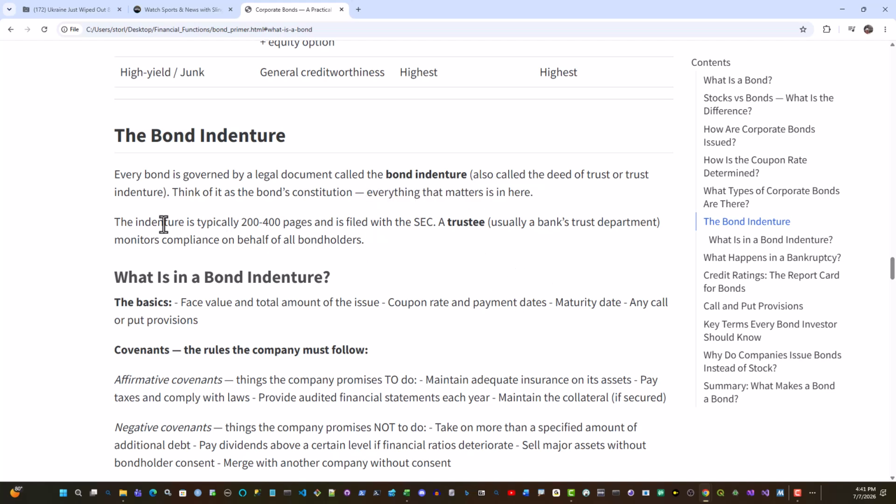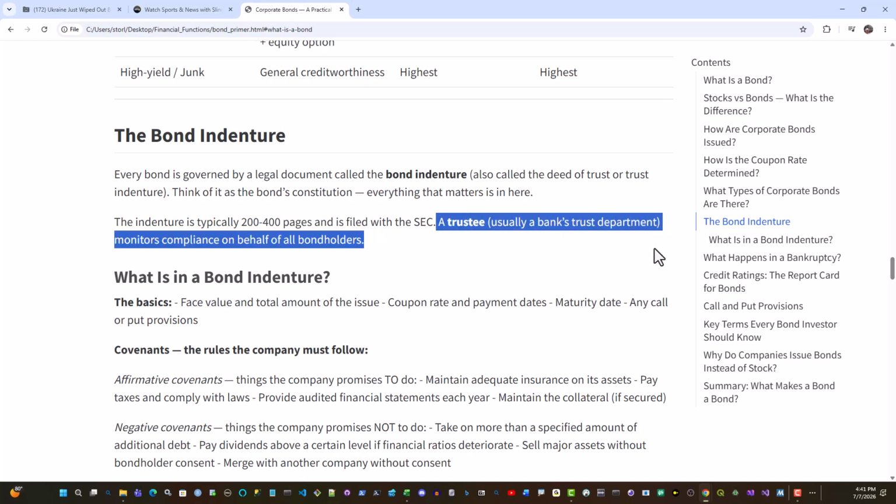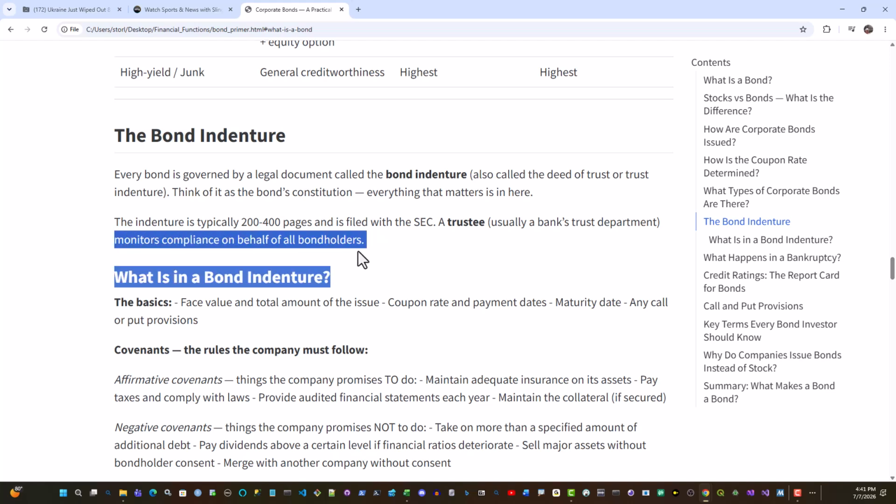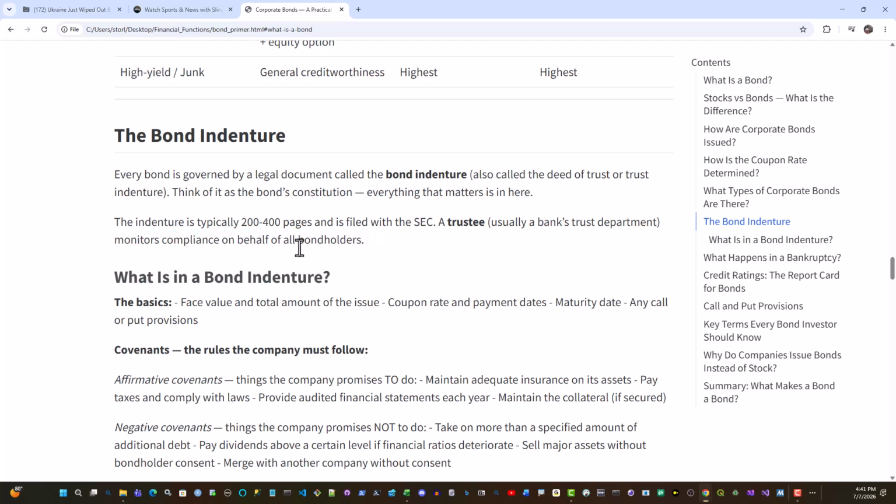And typically, as you can see here, it could be between 200 and 400 pages long, and it's filed with the Securities and Exchange Commission. Now, everything I'm saying here relates to the US, so I don't know how it would be in other countries. But I focused here because this is where I live. Also, a trustee, which is typically a bank or a trust department, will be monitoring the compliance on behalf of all the bondholders. So they are kind of working for the bondholders.